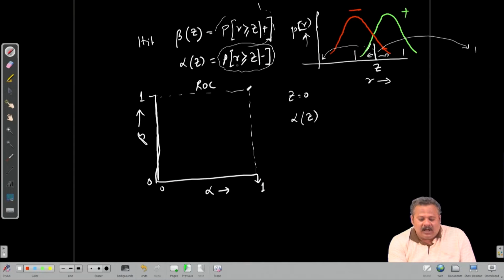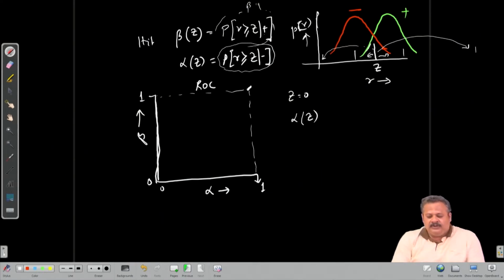So, probability r greater than equal to z is going to be 0, because no matter what the stimulus, our rate is always going to be less than z. So, that means our alpha is going to be 0. So, we will be on this vertical axis, on the beta axis, and exactly in the same way our beta is also going to be 0 for z of a very large value or plus infinity.